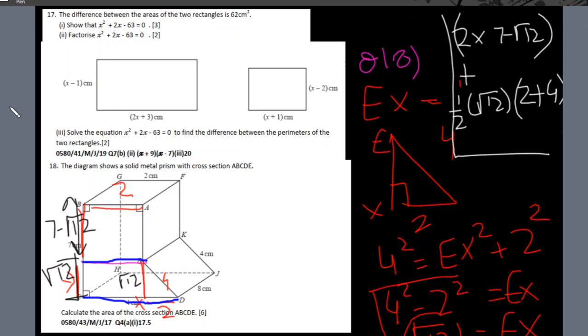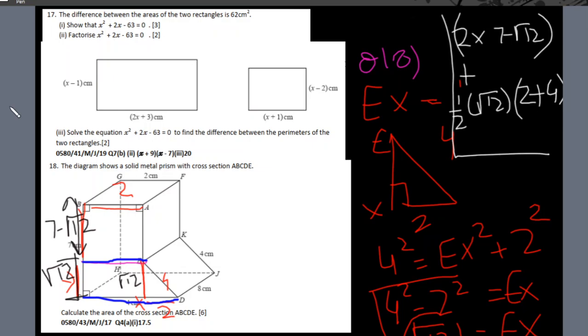2 times (7 minus root 12), bracket close, plus bracket open, 0.5 times root 12 times bracket times 6.